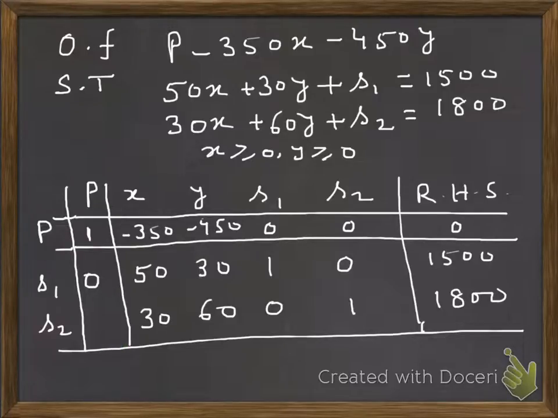So coefficient of P in S2 line is also 0 because P is not present in S2 line. So this is the initial basic feasible solution table. This is feasible because right hand side values are non-negative, and basic, you have this as basis.